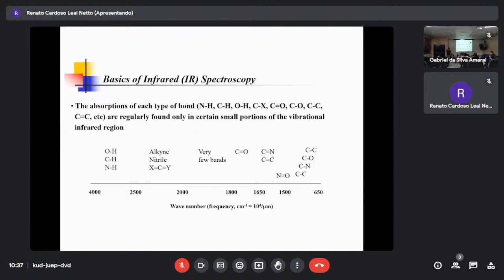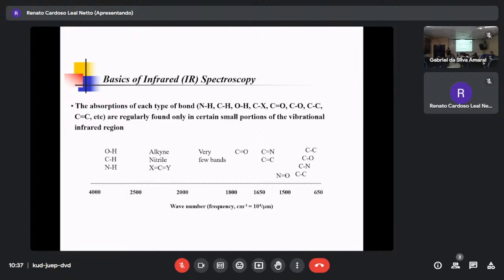But there is still one reason to use IR for structural elucidation. What is that? IR is still being used for one functional group.